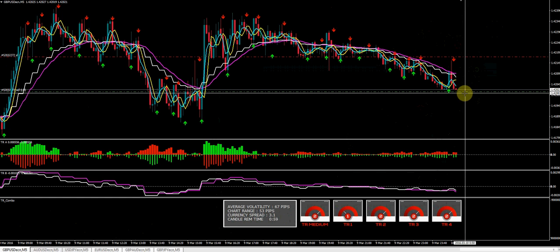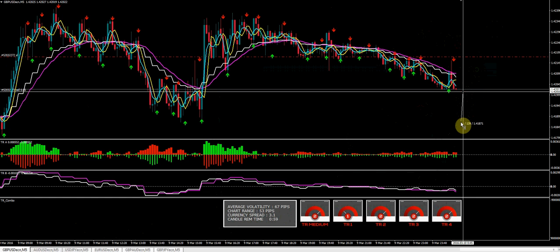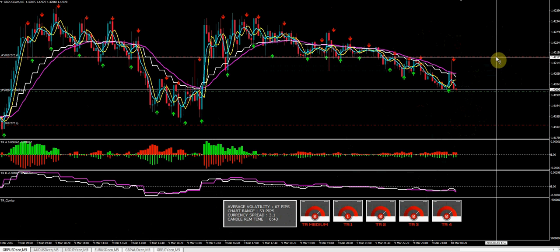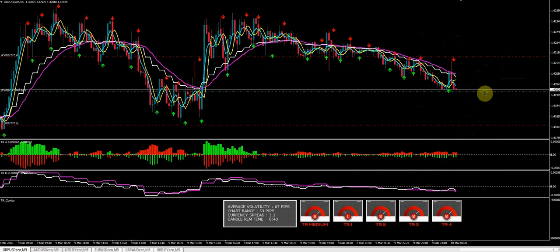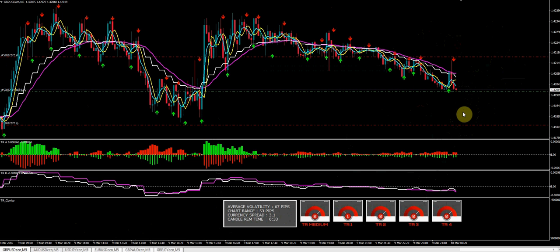About 16 pips. So 1.41849. All right, that looks like about 1-to-1. So we're going to go ahead and just let this run.